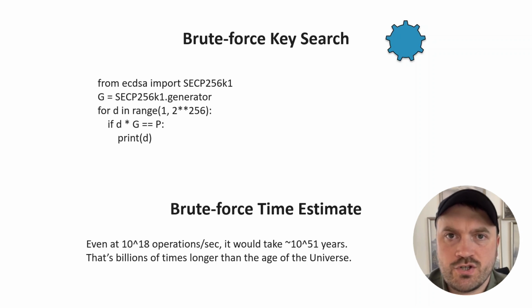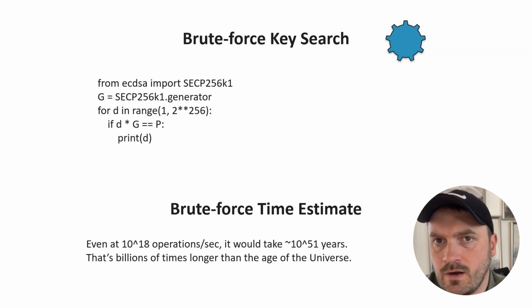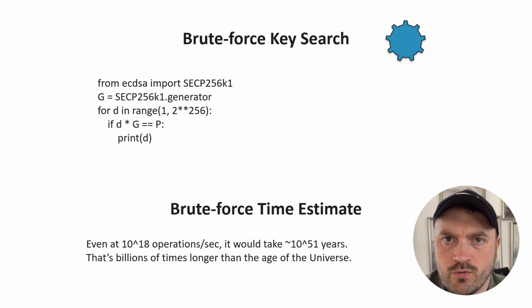But on average, we will find the correct value somewhere in the middle, meaning after 2 to the power of 255 operations. So with a 50% probability, we'll find the private key after half of the brute force search. But even that is very, very long.